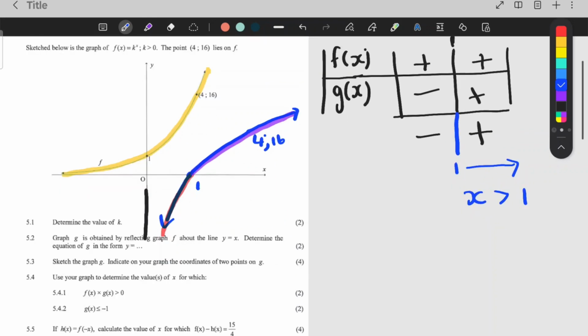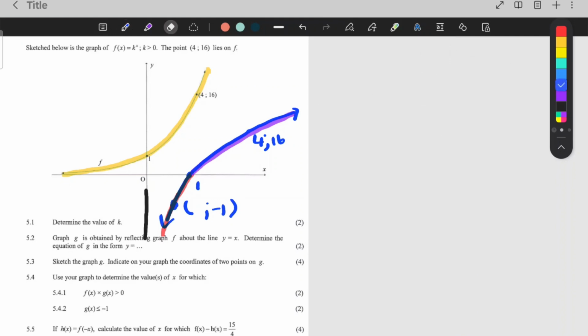Then the next question is, for which values of x is g of x less than negative 1? So where is this graph g less than negative 1? Somewhere here, the y value is negative 1. So what will be the x value there? I'm going to take my inverse graph.